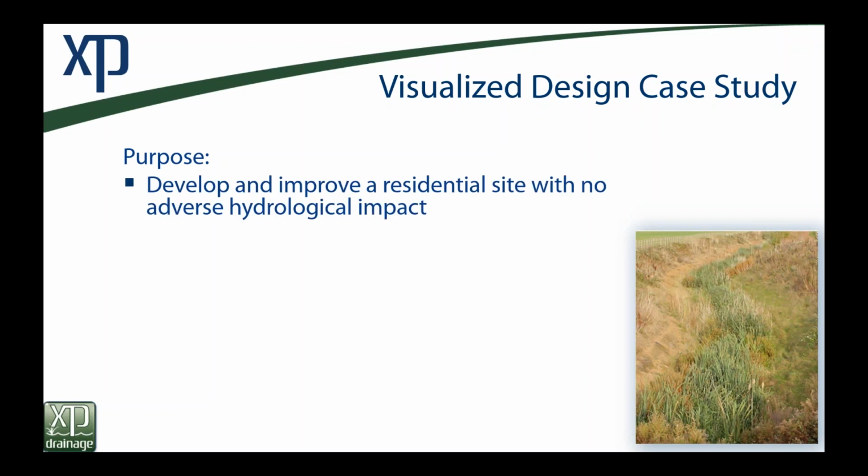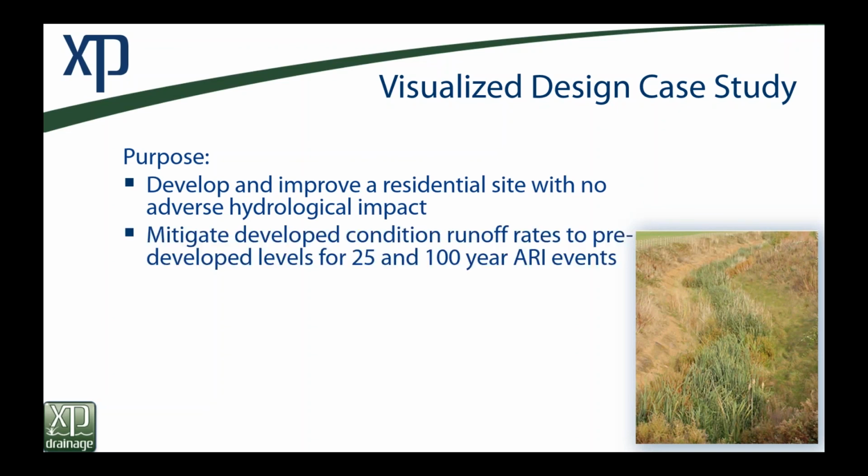So what was the purpose? In this case, we had a very specific purpose, and it was to develop and improve a residential site with no adverse hydrological impacts. But I want to add that the more subtle purpose is we want to show that this is the general plan that you would use on any drainage site.